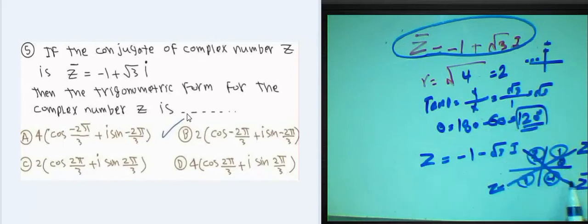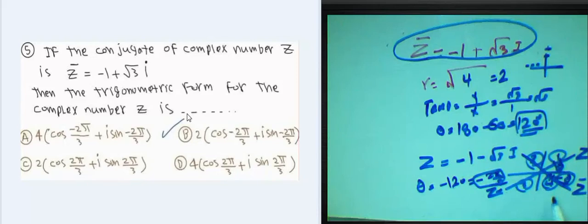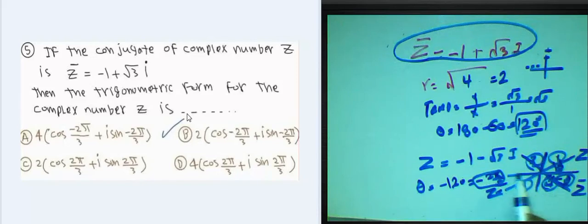If this angle is theta, then this angle will be negative theta. Then the angle of z, we want, will be negative 120, which is negative 2 pi over 3. And r of z equals r of z bar.